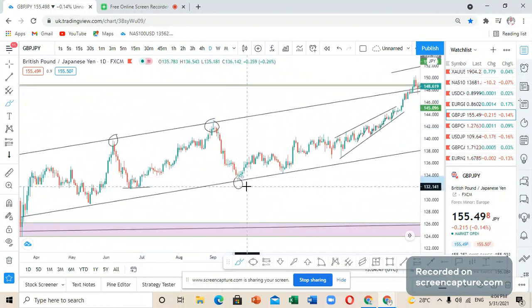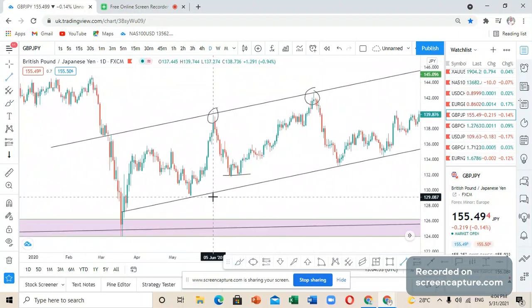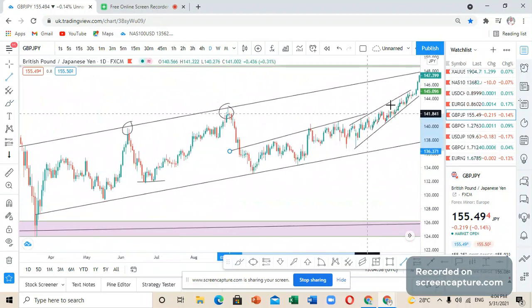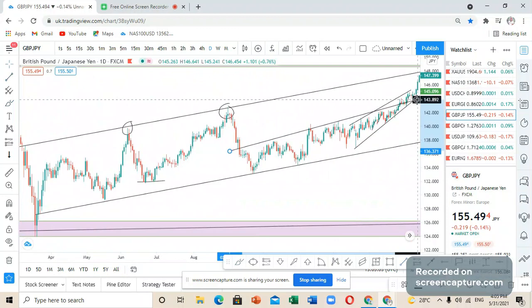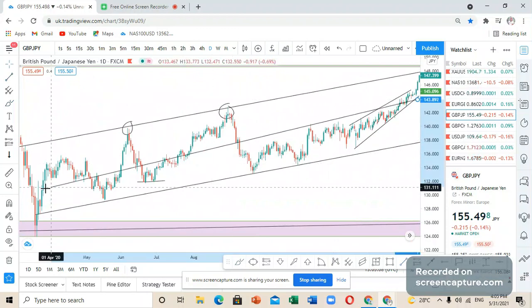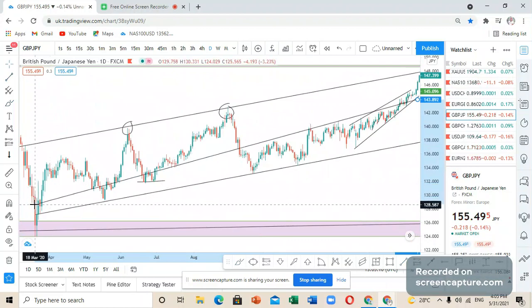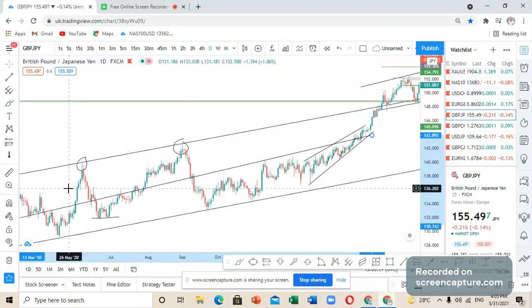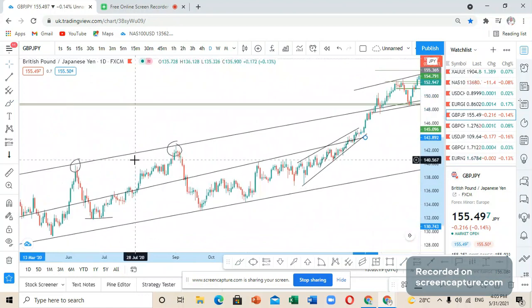So we kind of had two regions, if I may show you those two regions of which the market has been playing in between. We had the upper region and also the lower region.